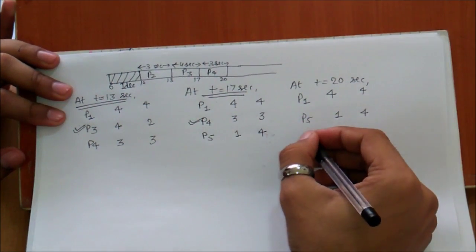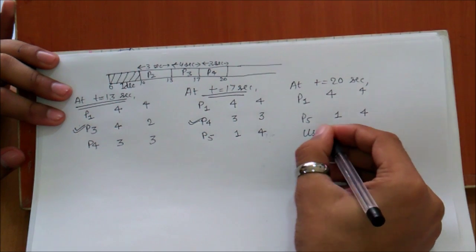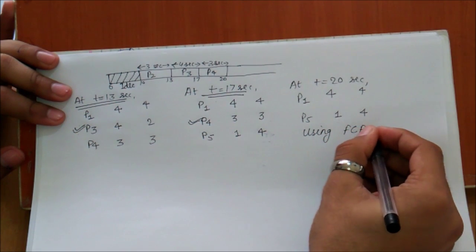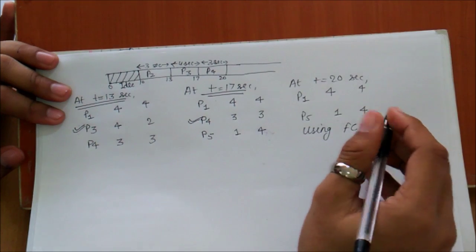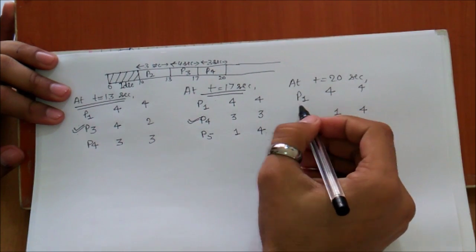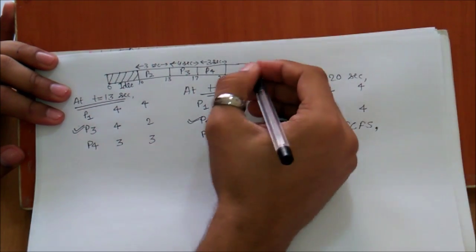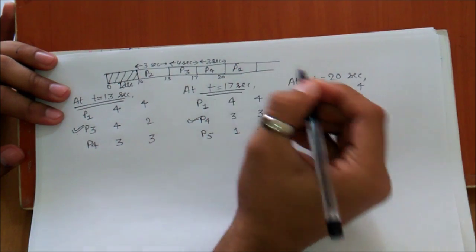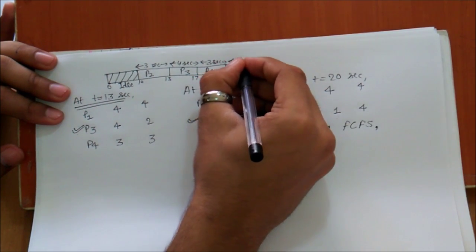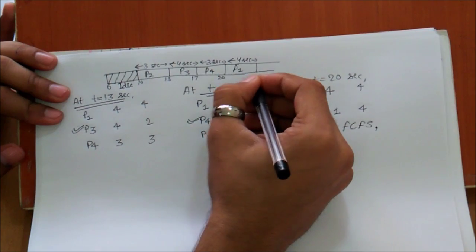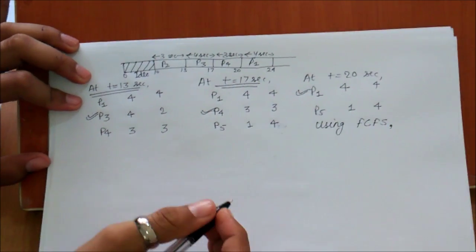In my case I am using FCFS, that whichever process is first in the ready queue is executed first. So here P1 is executed. It runs for 4 seconds and goes up to 24.